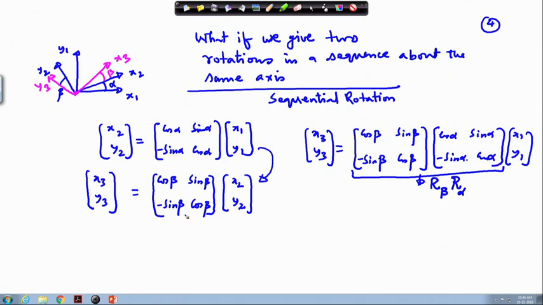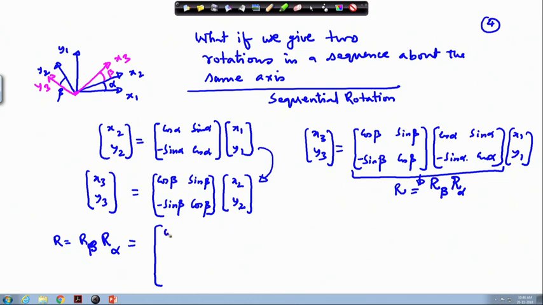Okay. And if we represent this as R, so your R equals R beta times R alpha, multiply this. So, take the matrix operation.